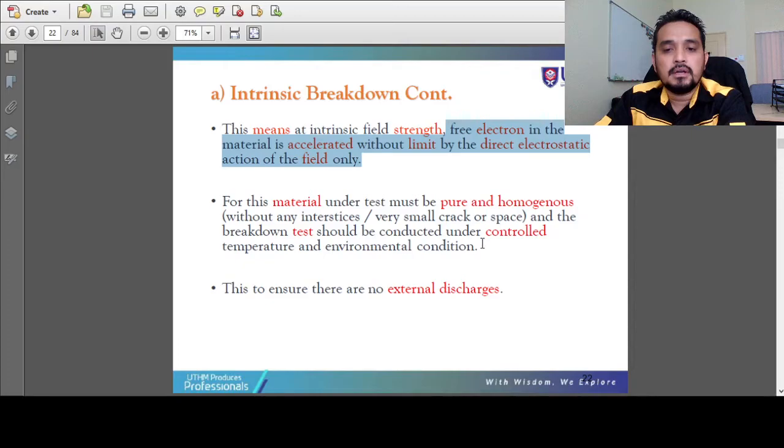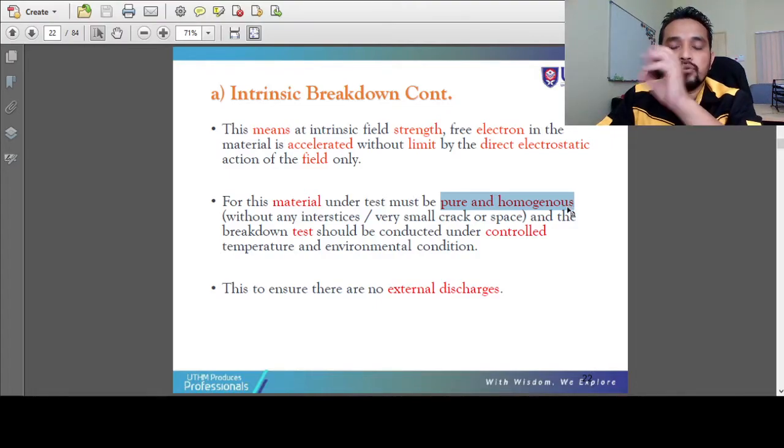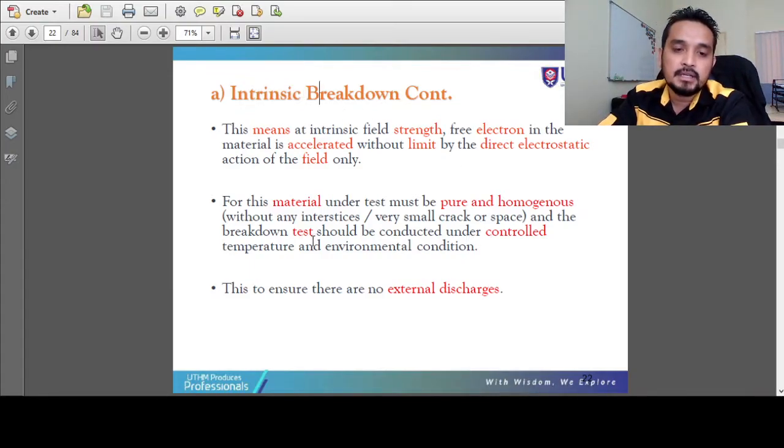So if we are going to perform the experiment, we need to make sure the material is pure and homogeneous, so that the only factor leading to failure of the solid material is the intrinsic effect, not other effects. It also needs to be tested under controlled temperature and environmental conditions.